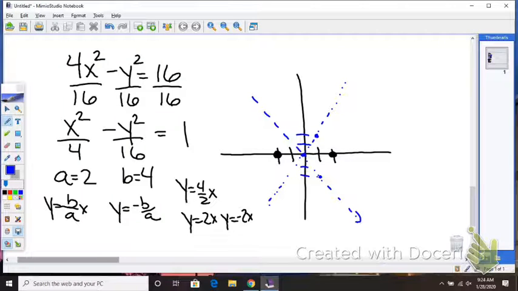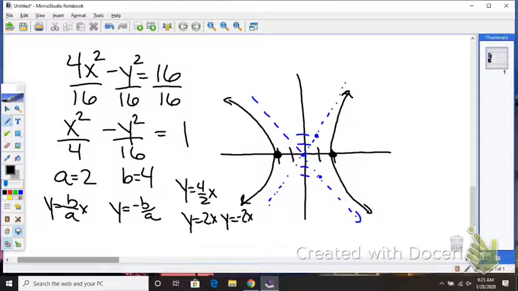Wait, so we have to do 4 over 2? Yeah, B over A. And then when I go to draw this, it just tells me a little more accurately how wide, because remember, asymptotes are kind of like magnets where they pull the graph to it.